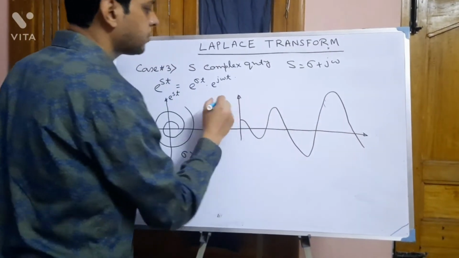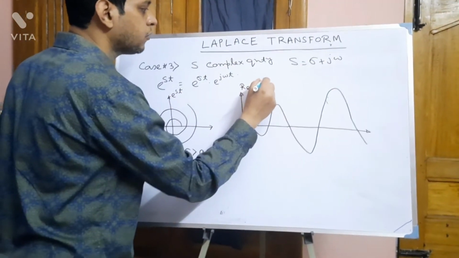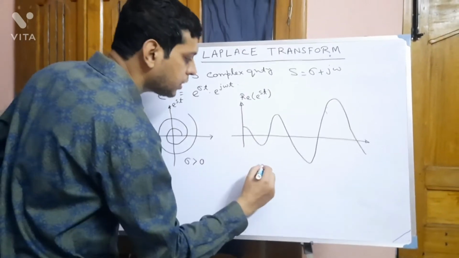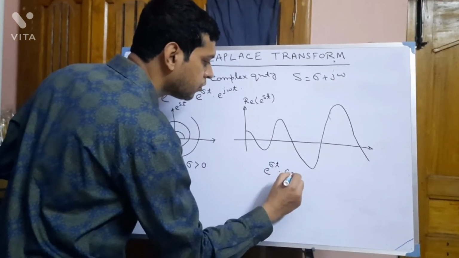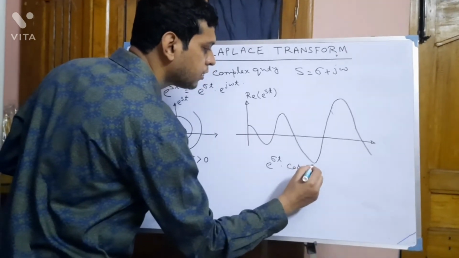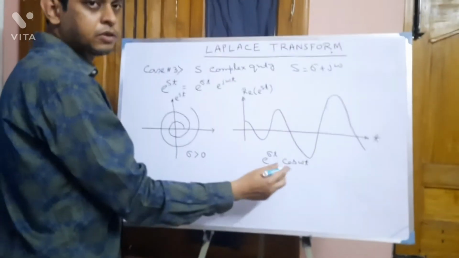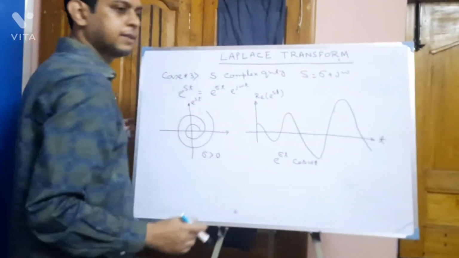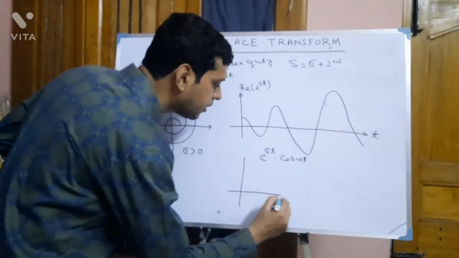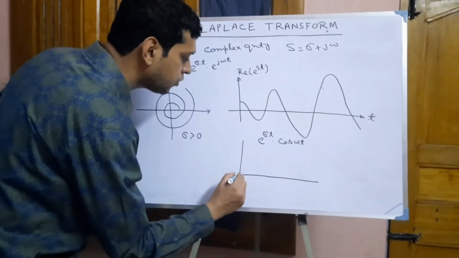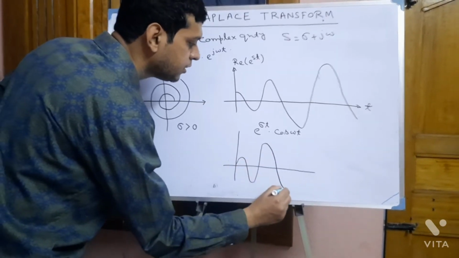The real part of e to the power st will be this one. This is the graph of e to the power sigma t into cos omega t. Therefore, this value will increase as the time increases, and the imaginary part will also increase in this fashion.